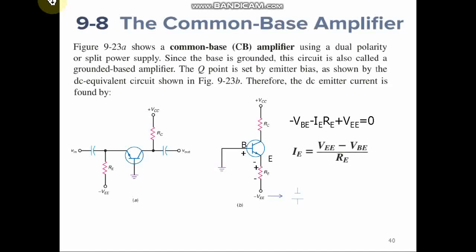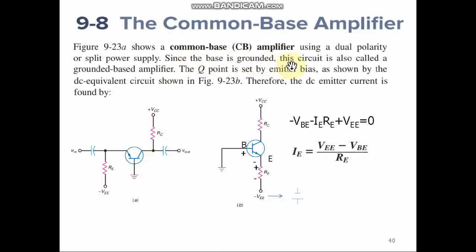Now we'll see the last combination, that is the common base amplifier. Figure A shows the common base amplifier using a dual polarity or split power supply. It is using two different power supplies, minus VEE and plus VCC.